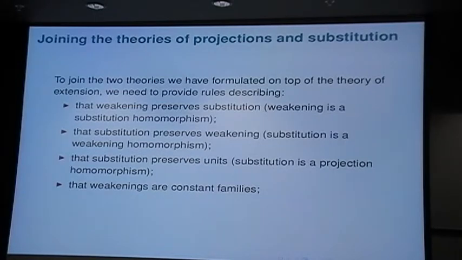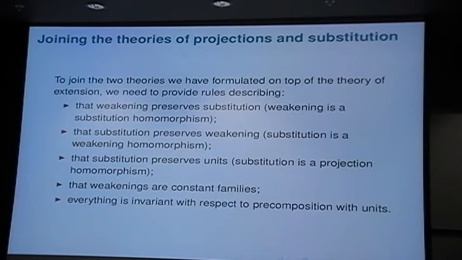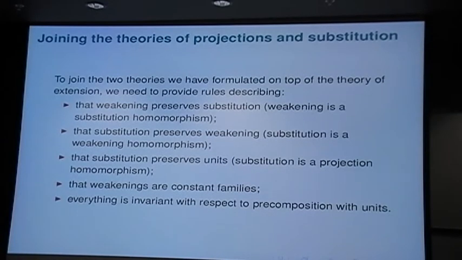Weakenings are constant families. So if you look at A, B, and now you have a term A of A, so you're going to use it to substitute. There's only one thing that it can be, and this is B itself, and this is going to be one of the rules, and this is saying weakenings are constant families. And everything is invariant with respect to precomposition with units. How do you precompose with units?